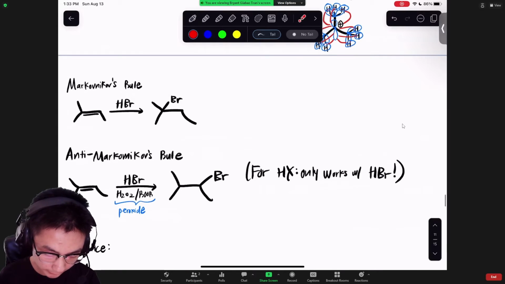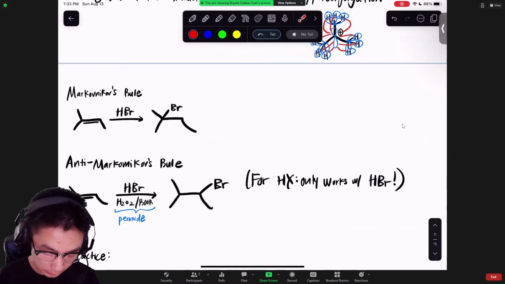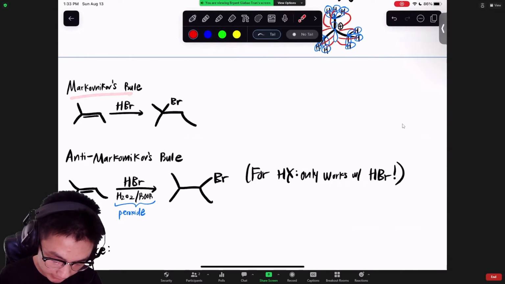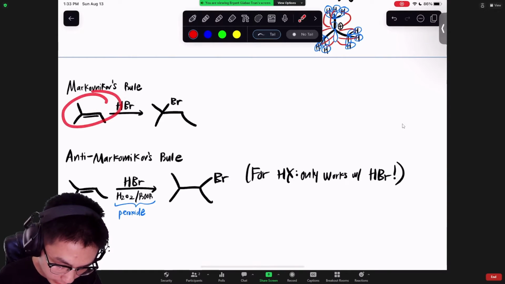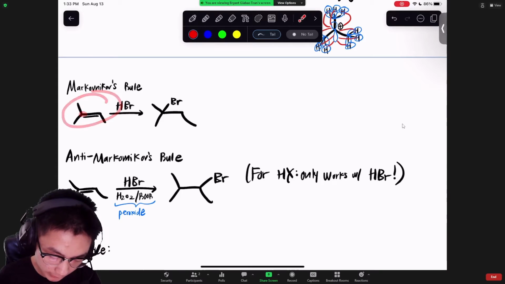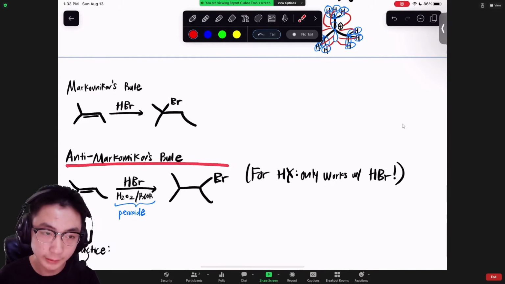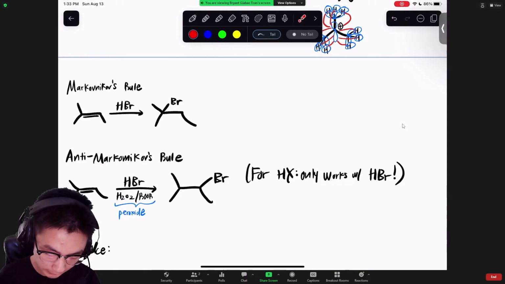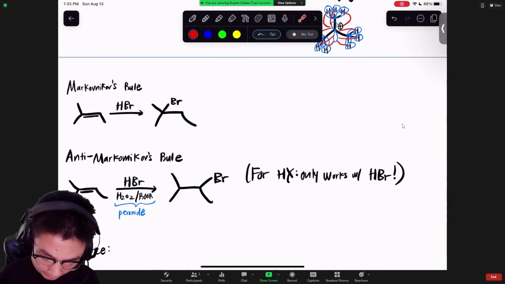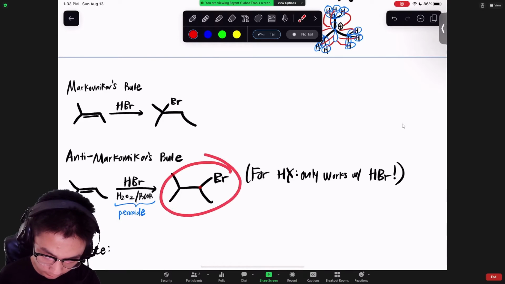Now let's go over the stereochemistry of these. Markovnikov's rule is when the bromine is attached to the more stable carbocation. We see that in this molecule, this carbon would form the most stable carbocation, which means that this is Markovnikov's rule. Anti-Markovnikov's rule is when the nucleophile would attach to the less substituted carbocation. We see here this carbon would be the less substituted carbocation, which will attach here, making this the anti-Markovnikov rule.